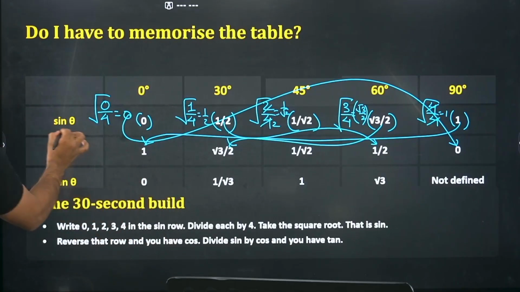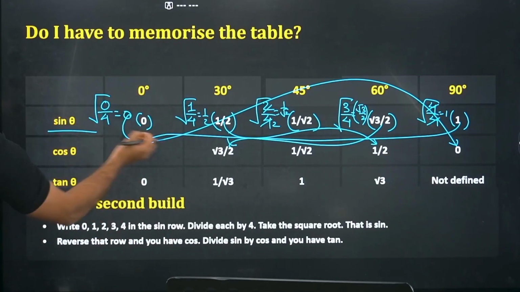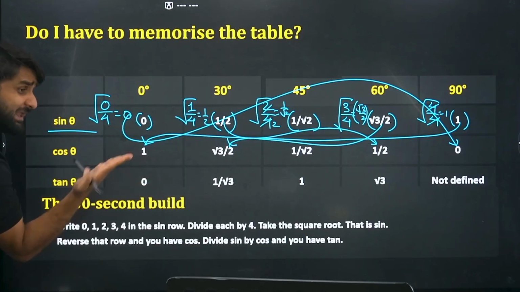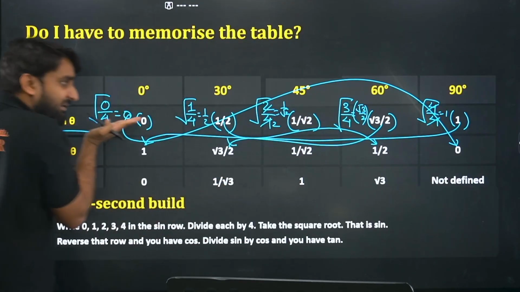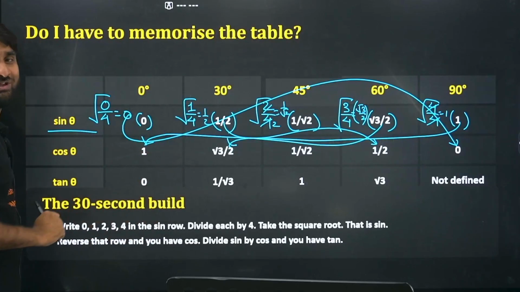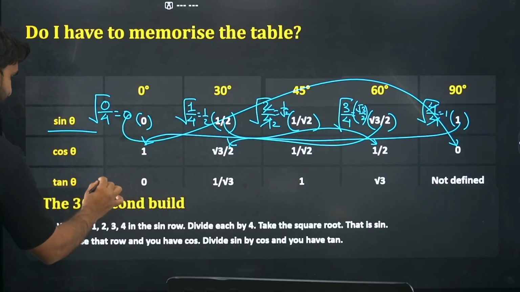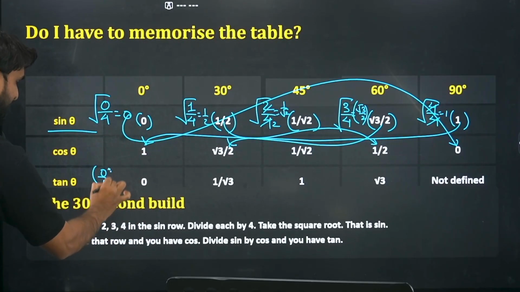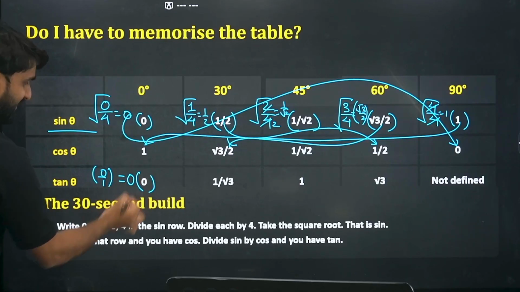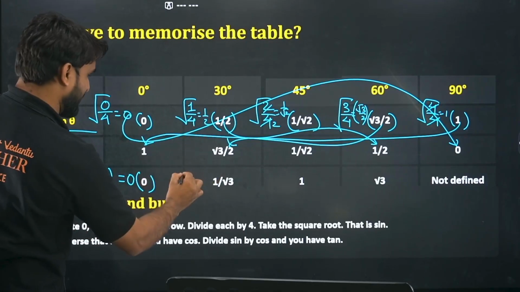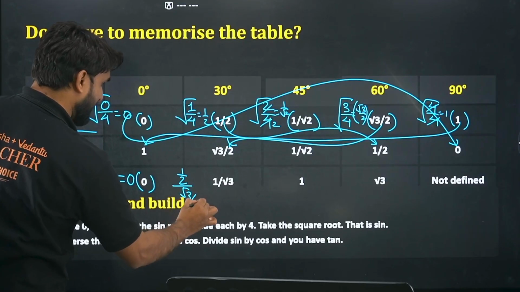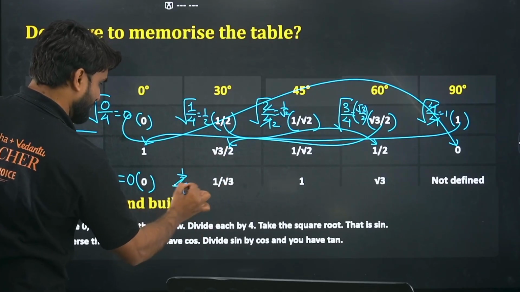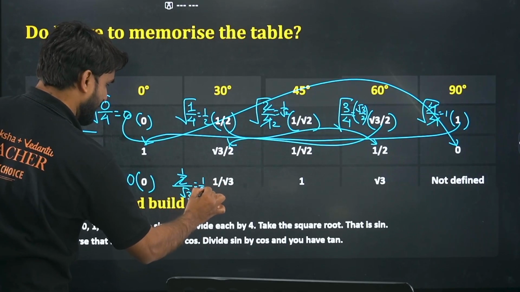Now you have sine values, you have cos values. Now to find the tan values, divide the upper row by the one below. Divide the sine values by the cos values. So sine is 0, so if we divide 0 by 1, that is 0. This is 1 by 2, this is root 3 by 2, so 1 by 2 divided by root 3 by 2, the 2 cancels, so we have 1 by root 3.